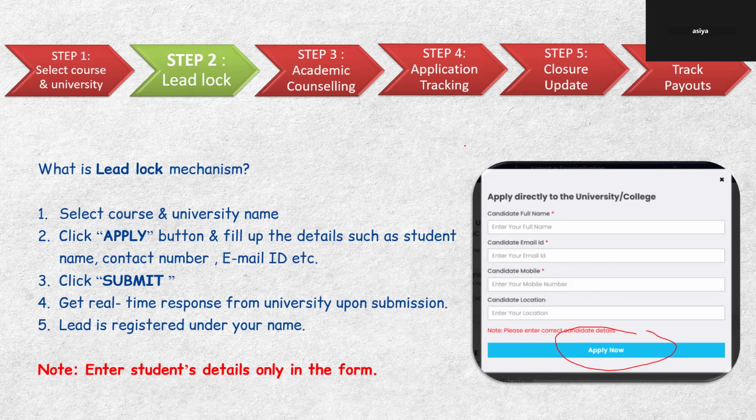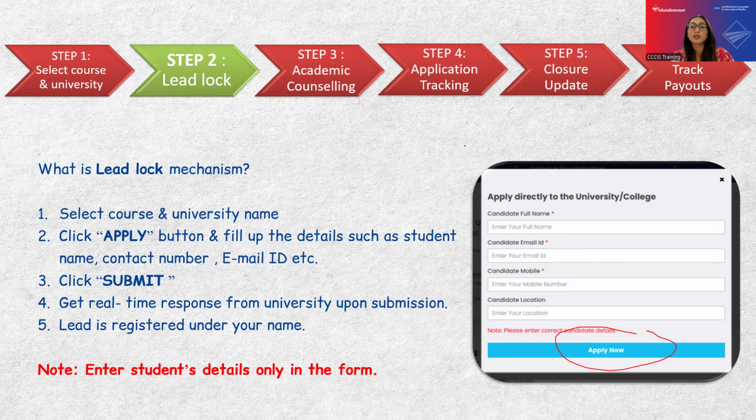Okay, so let's say there are two categories. One student is coming to you, and another student, they just took information and did not register or anything. They say, it's online, so everything is available online, they can do anything on their own. So here what we are providing is, first of all, academic counseling.